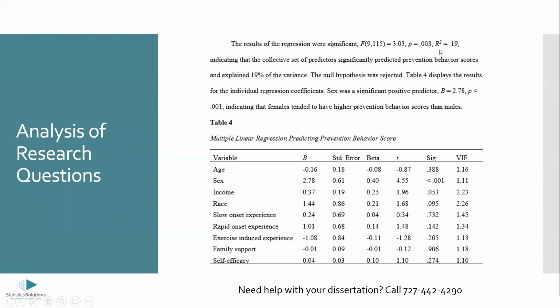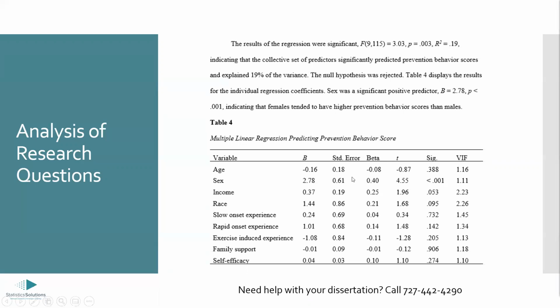So we know that 0.19 or 19% is a significant proportion of variance that we're explaining. We state that our null hypothesis was rejected because our regression model was significant. And then usually if your regression model is significant, you go on to look at the individual predictors in your regression model to see which predictors were significantly associated with your criterion or outcome variable.